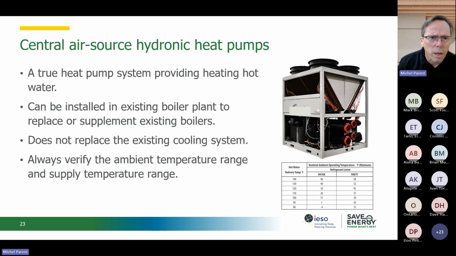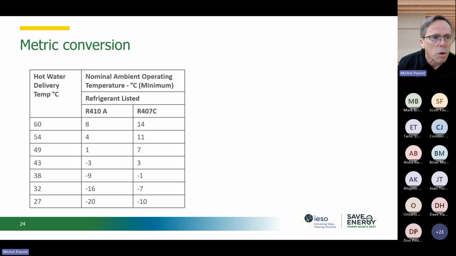Now there's a table here that shows you what is the impact of the temperature on the system. So when you go to minus 20 degrees Celsius, you see that the hot water delivery temperature is only 27 degrees. So very few buildings can heat with water that cool.